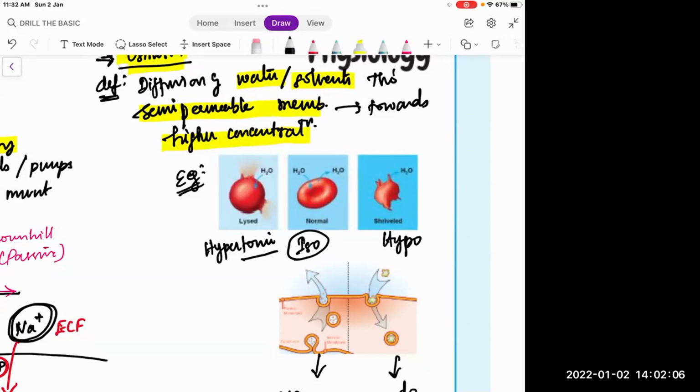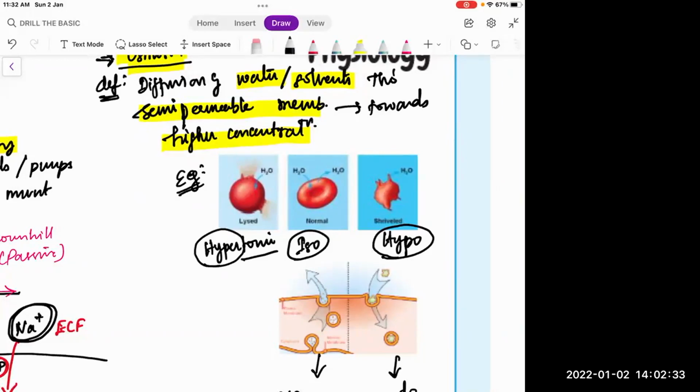When the concentration of solutes inside the solution is less than the plasma concentration, that is hypotonic. If it is higher, you term it a hypertonic solution. The tonicity of the solution is based upon the amount of solutes compared to that of the plasma.